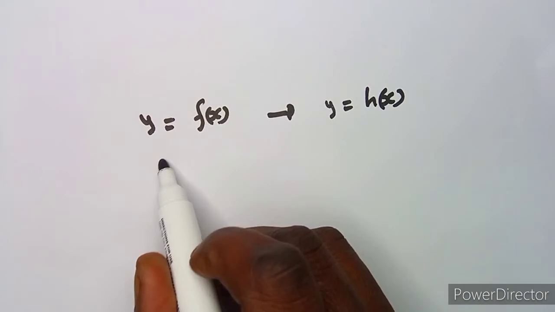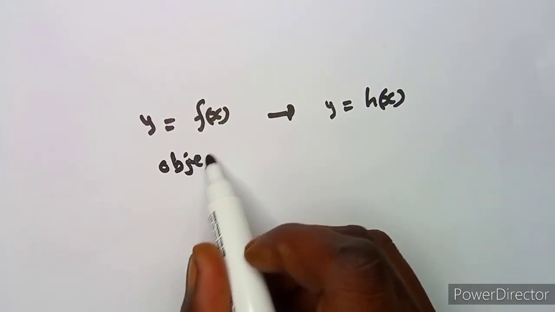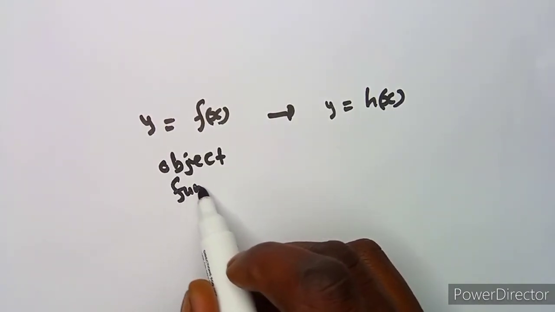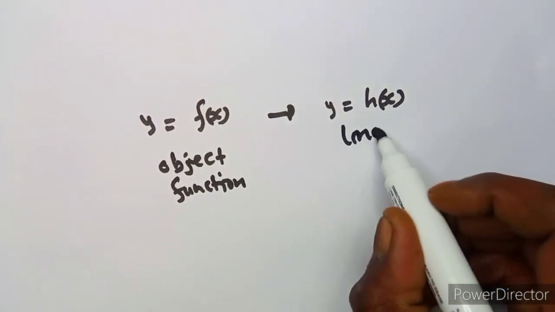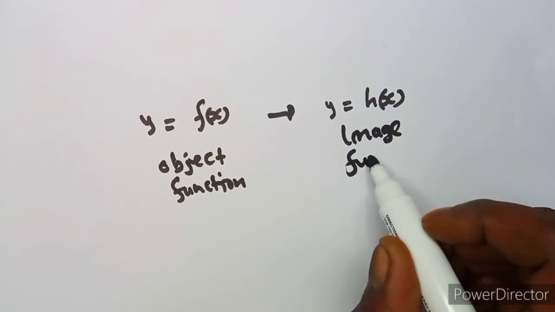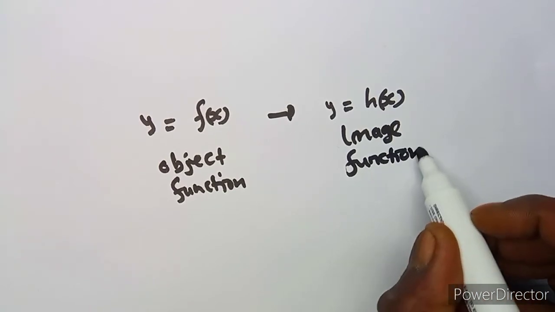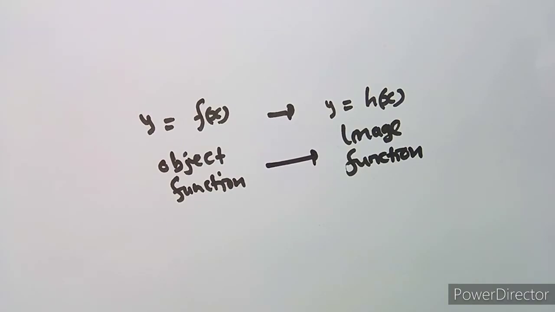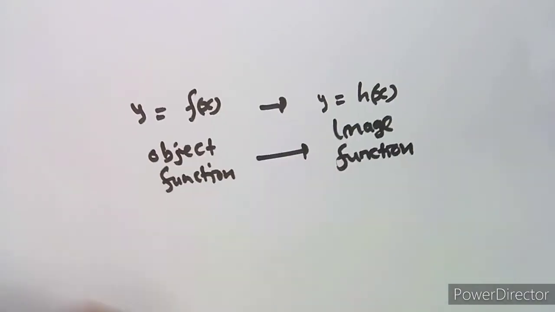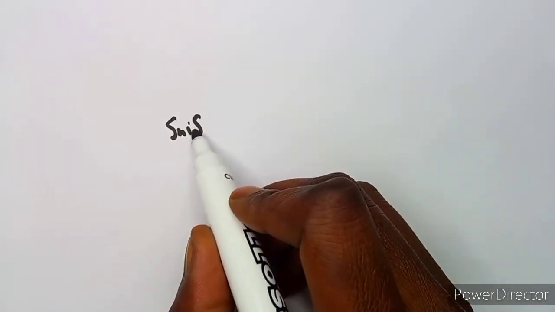So this will be your object function, and this will be your image function. That is what we have transformed this line or shape to. We have transformations where we can shift the line or shift the shape.